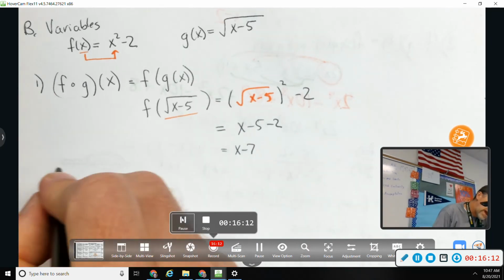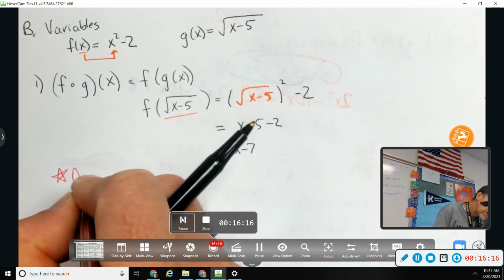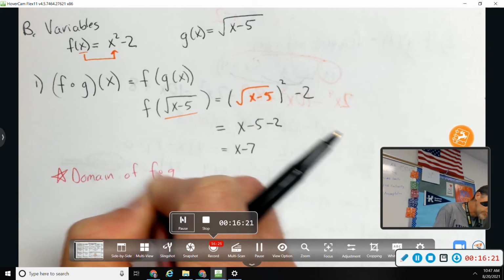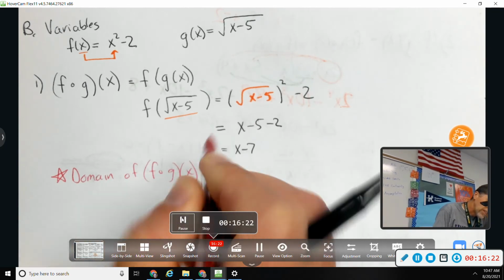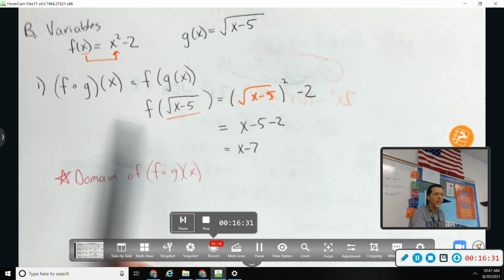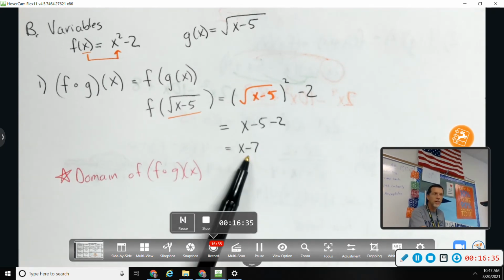Now, here's the tricky part of this stuff, if we ask for the domain of f of g of x. So there's our sort of final answer. F of g of x is x minus 7. What's the domain of x minus 7? Yeah, all real numbers.